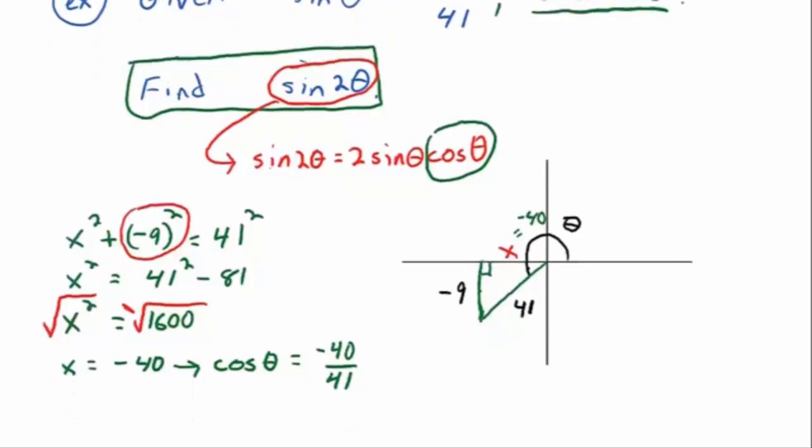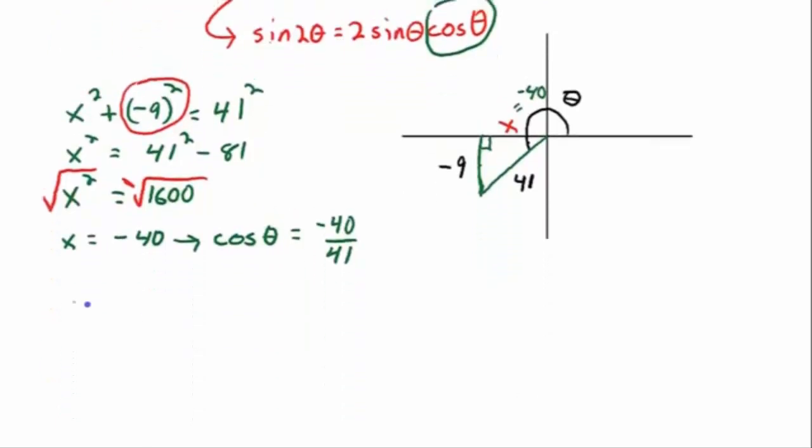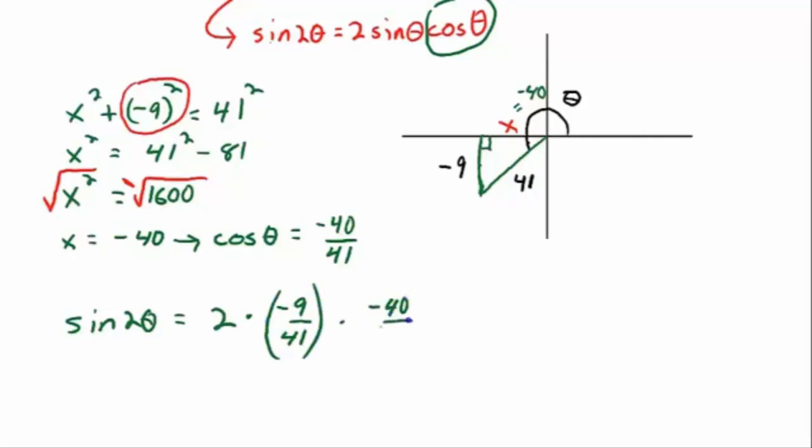So we get that the sine of 2 theta is equal to 2 times negative 9 over 41 times negative 40 over 41.